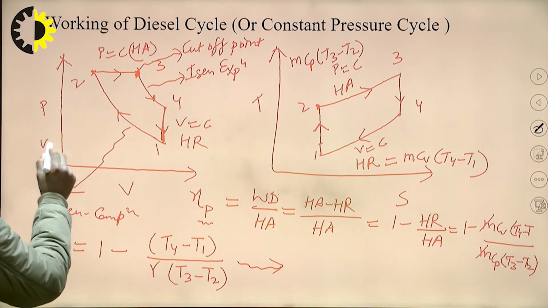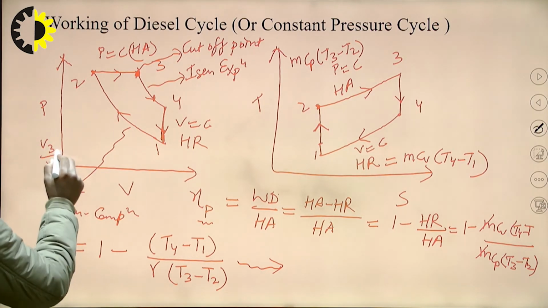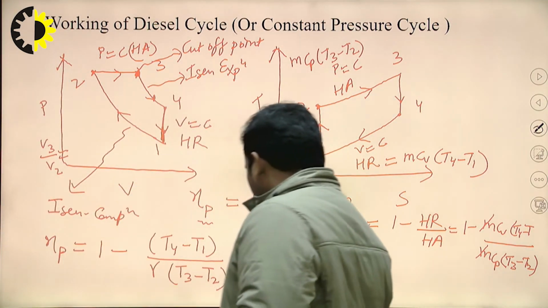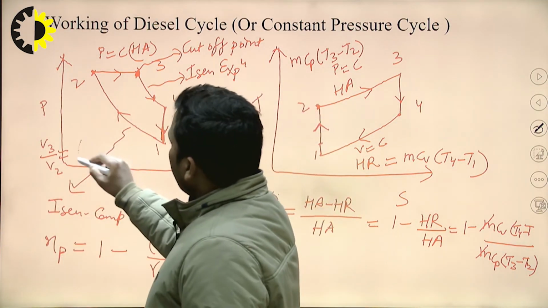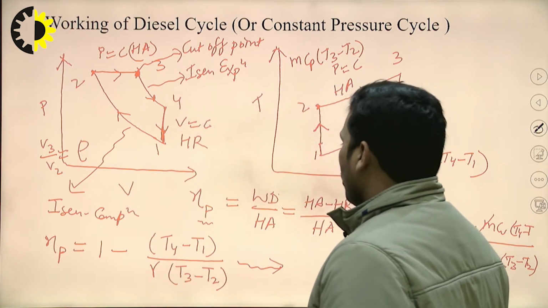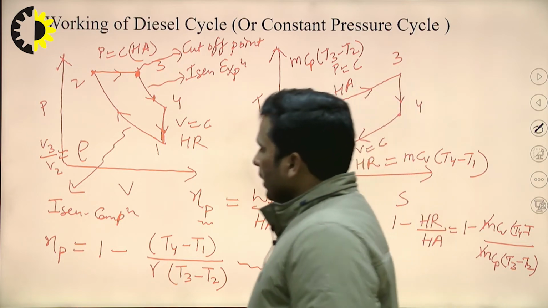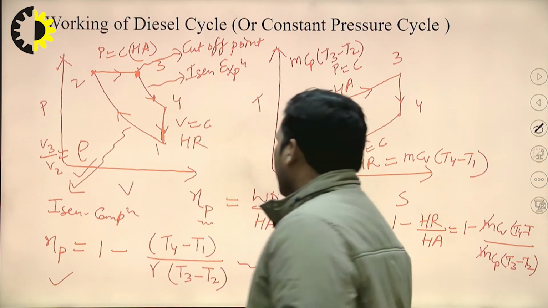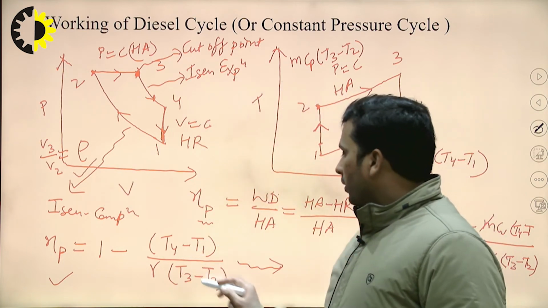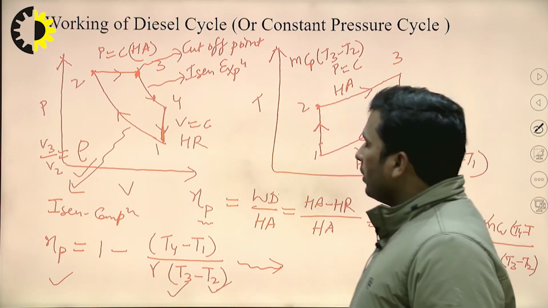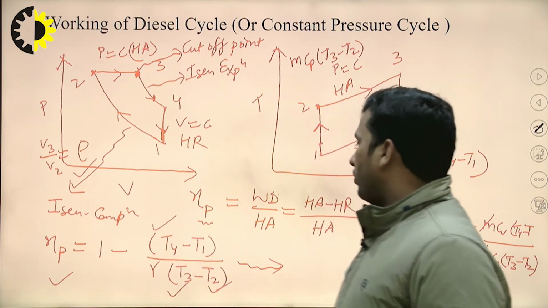So the volume ratio V3 by V2 is known as the cutoff ratio, and it is represented by the term rho. Our focus is to calculate the thermal efficiency of the diesel cycle in terms of compression ratio r and cutoff ratio rho. So for that we will convert temperature T2, T3 and T4 into compression ratio and cutoff ratio.